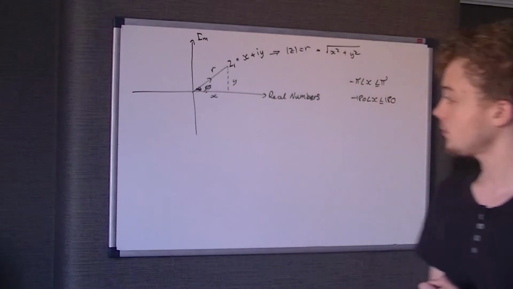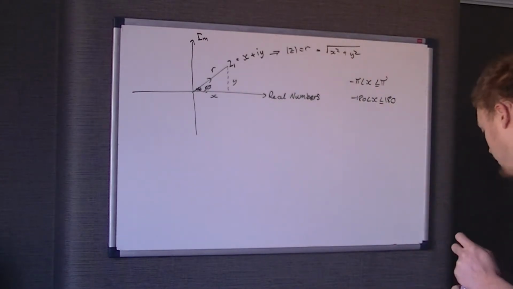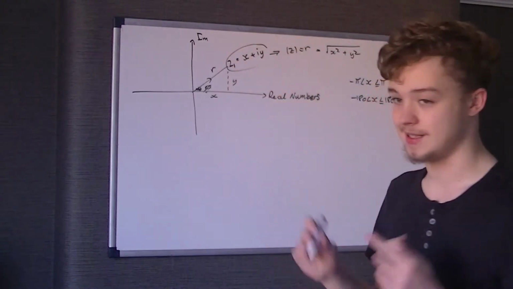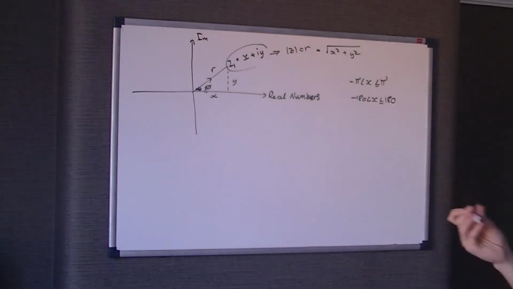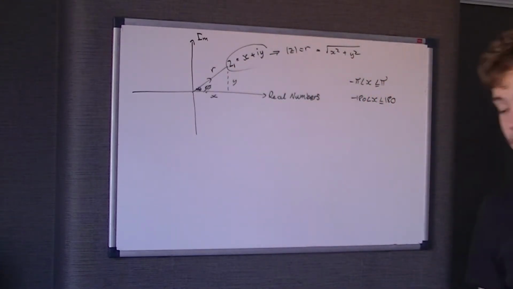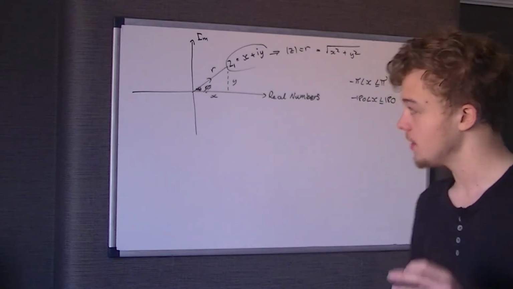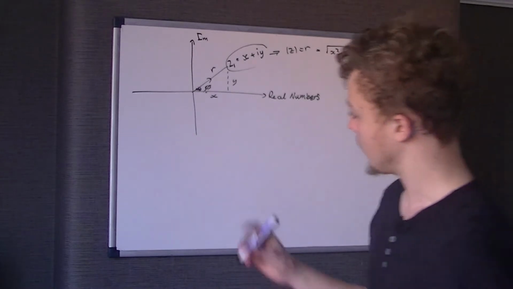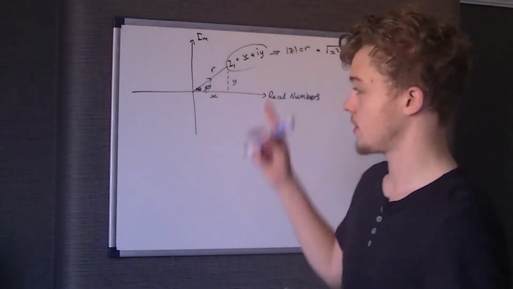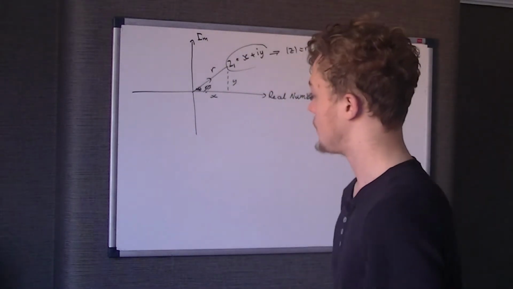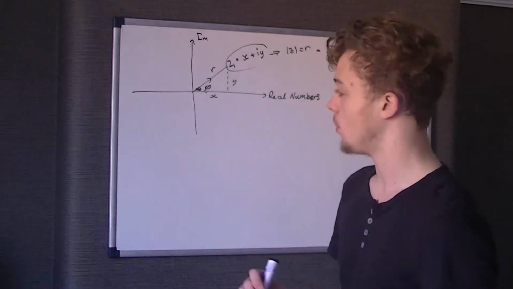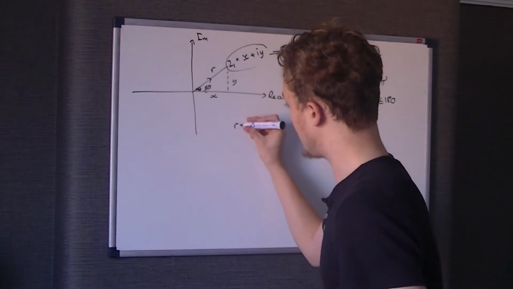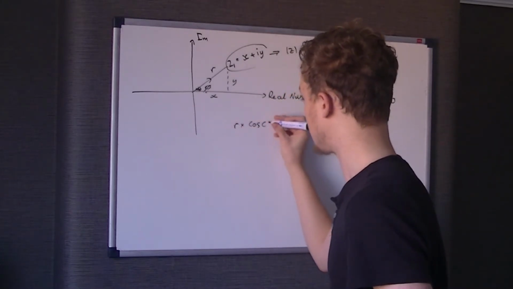So how can we take this a bit further? Basically, all we're looking at is writing this in a different format that actually includes the angle theta. To do that, we need to understand what x and y actually are. In the last video, I said that once you've worked out what r is, it's just a value, so is x and so is y. We said r times cos theta equals x.